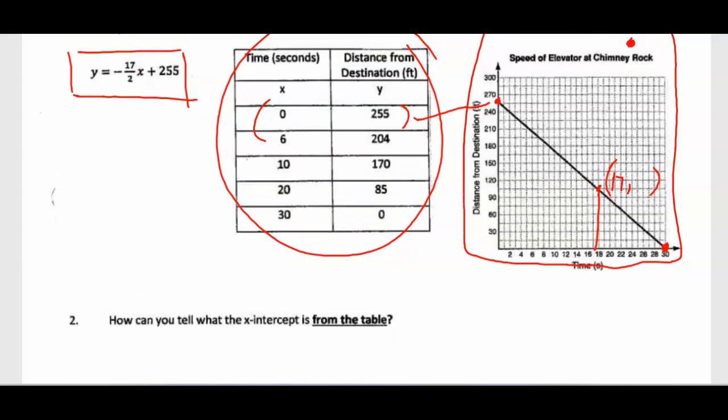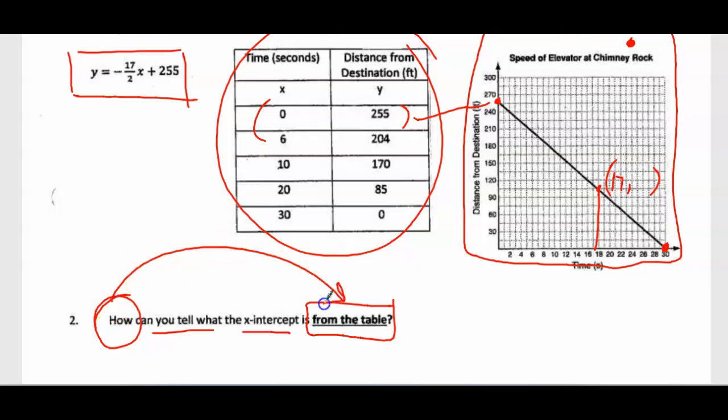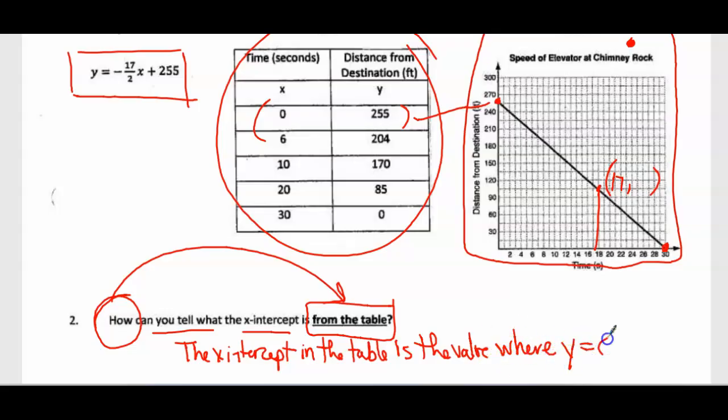Okay, question number 2 says how. When it says how, you're not telling me what it is. You're telling me how. How can you tell what the x-intercept is from a table? So you should have said something to the effect, the x-intercept in the table is the value where y equals 0.